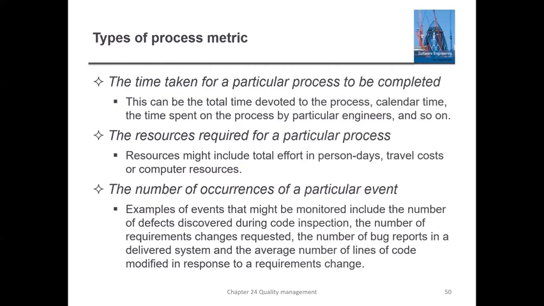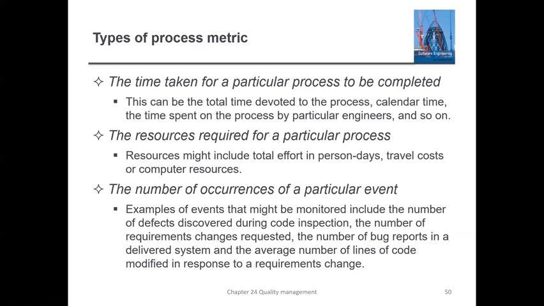Now here you can see the types of process metrics. So what are the types of process metrics? One is the time taken for a particular process to be completed. It means that when a process starts working, from that time till the work gets over, the total time taken from start to end, so the calculation part is also one kind of your process metric.